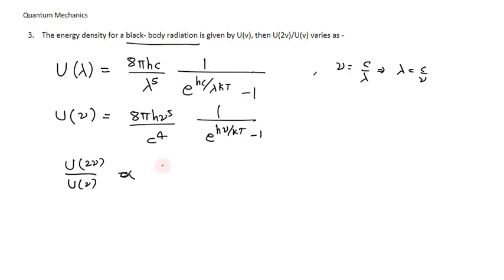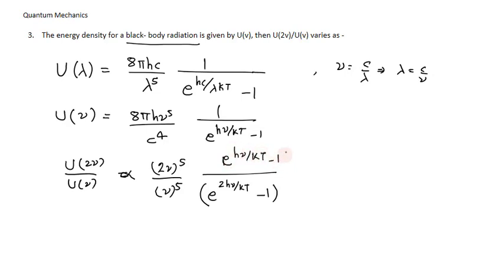So this is (2ν)^3 divided by ν^3, and the exponential part is (e^(hν/kT) − 1) divided by (e^(2hν/kT) − 1).